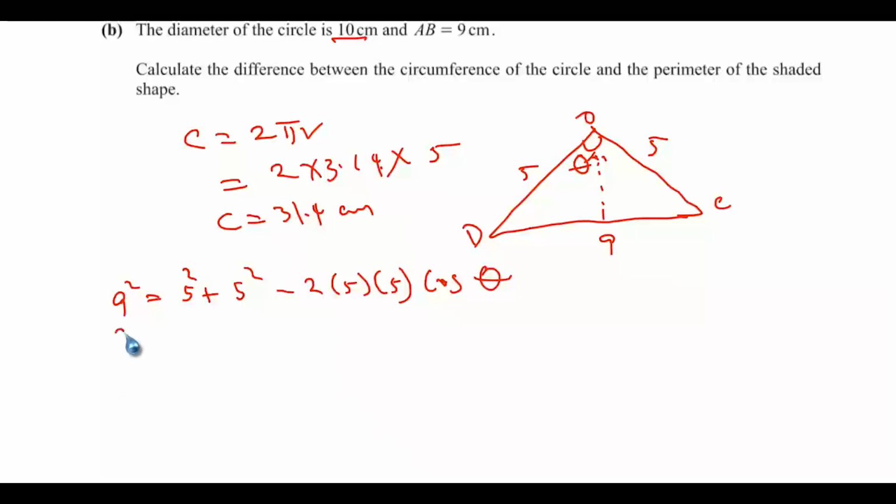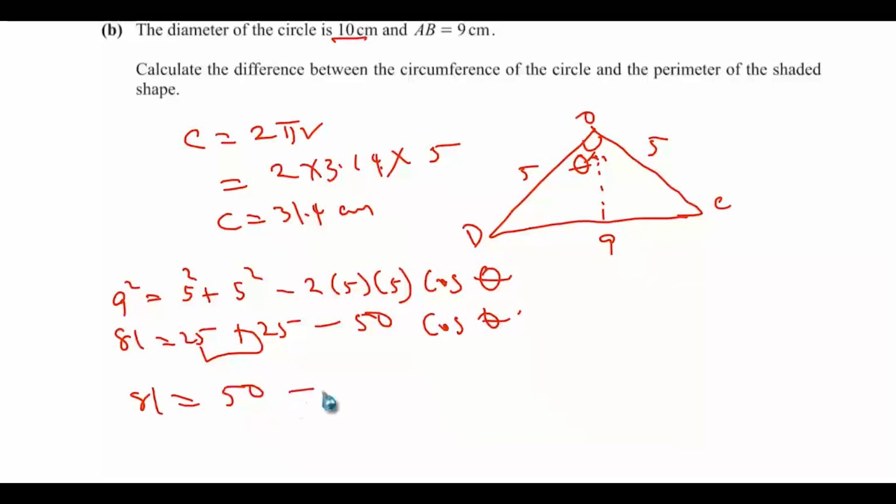So 81 equals 25 plus 25, minus 50 cos theta. 5 times 5 is 25, times 2 is 50. The 25 and 25 add up to 50, so 81 equals 50 minus 50 cos theta.